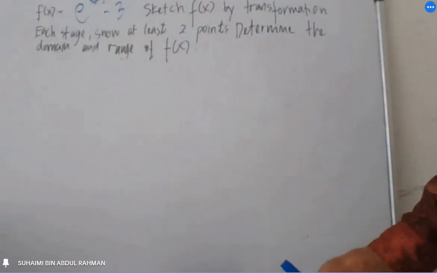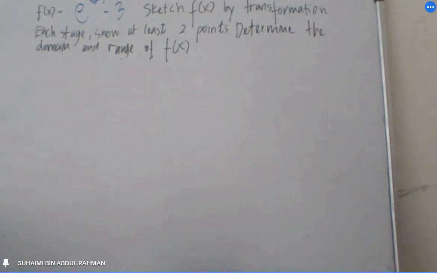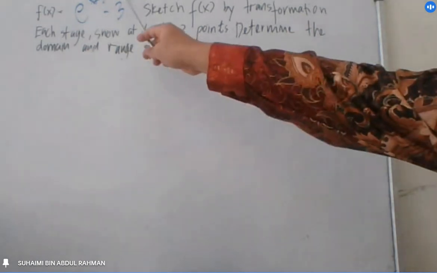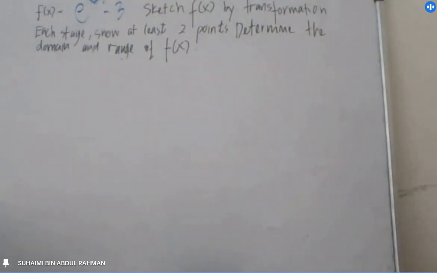Sketch the function f(x), and at each stage show where the two points go, and the last one is to determine the domain and range of the function f(x). Now, this is the function f(x), and this one we would like to sketch.